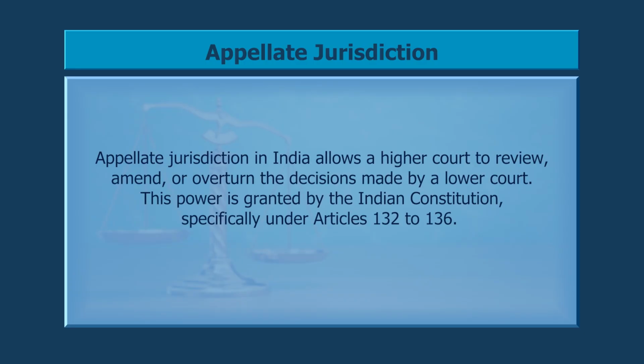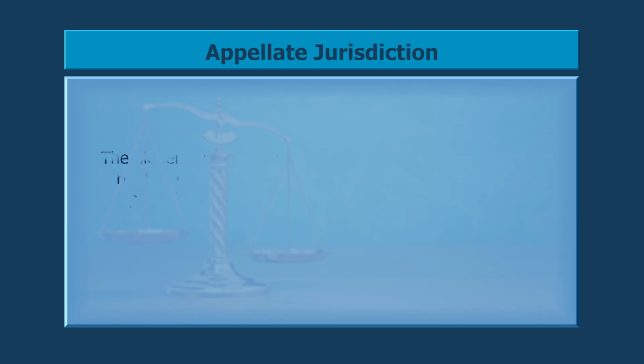Appellate jurisdiction in India allows a higher court to review, to amend, or overturn the decisions made by a lower court. This power is granted by the Indian Constitution, specifically under Articles 132 to 136.